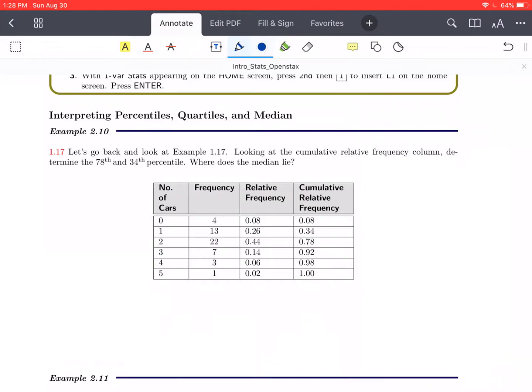So now let's use the cumulative frequencies to find the 34th percentile and the 78th percentile. And then we'll figure out where the median is.